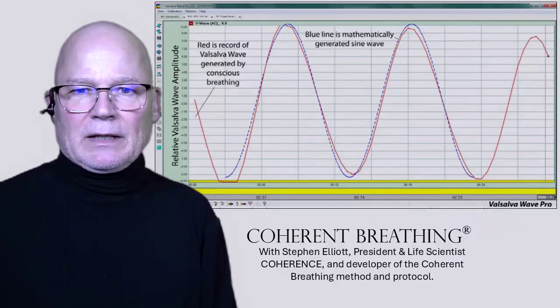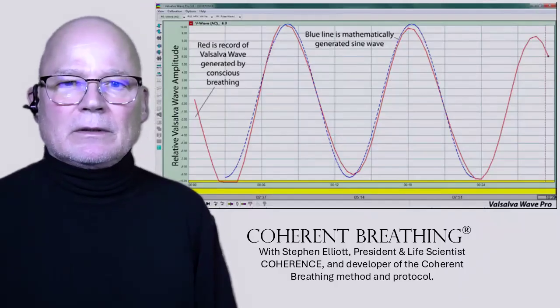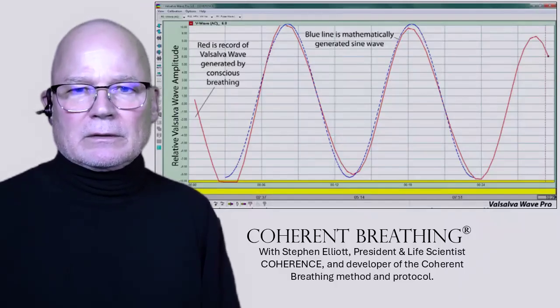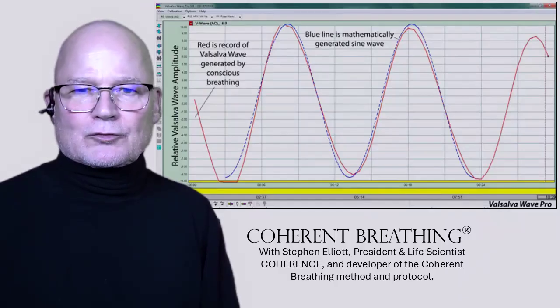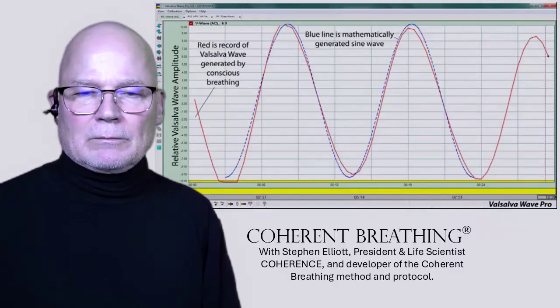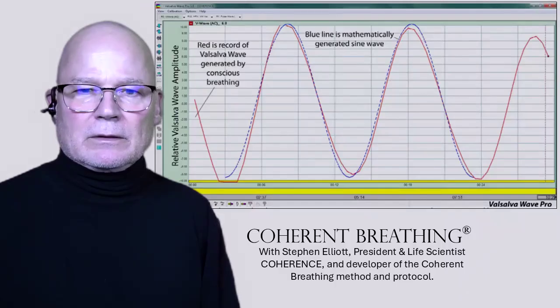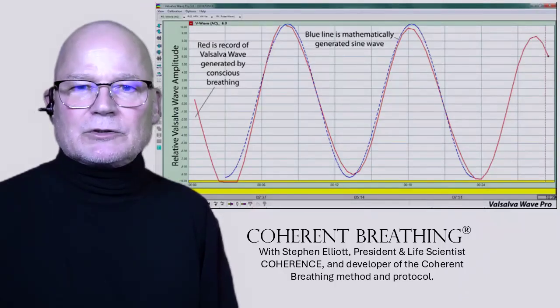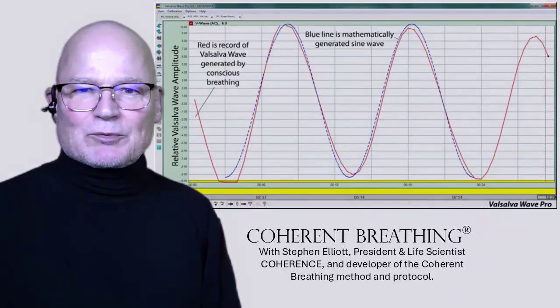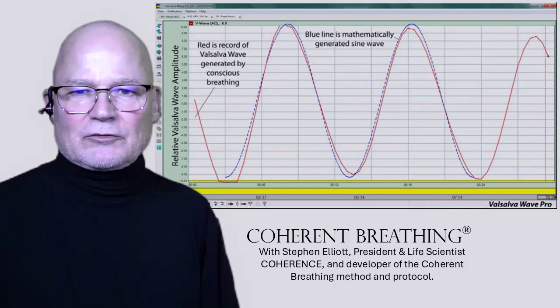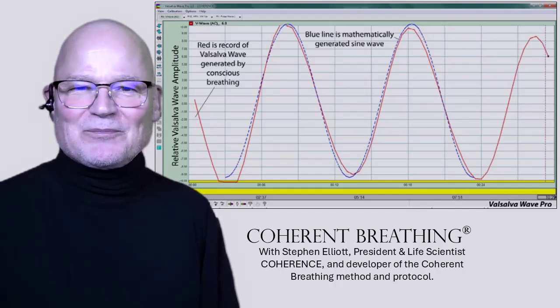To find out how closely one can approximate a true mathematically generated sine wave, I performed this experiment where I have an adjuvant signal generator generating a sine wave at precisely 0.085 hertz, which is the frequency of resonant breathing, coherent breathing, you may know.